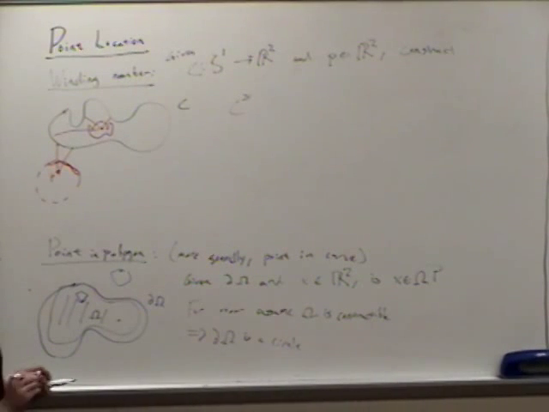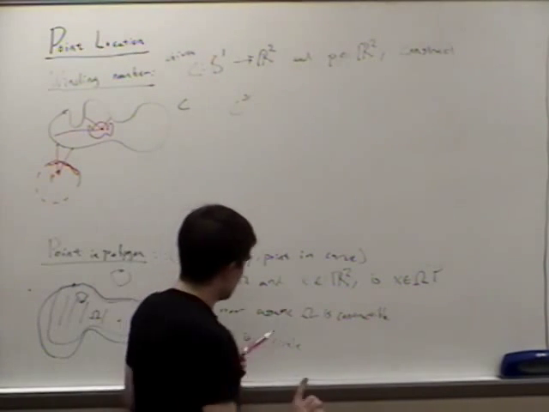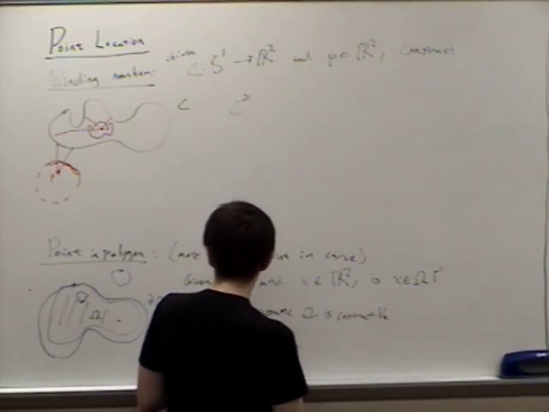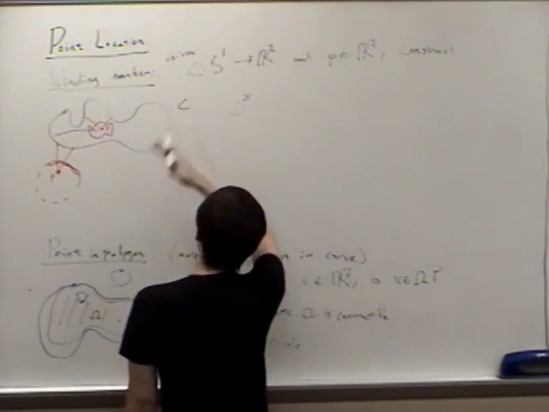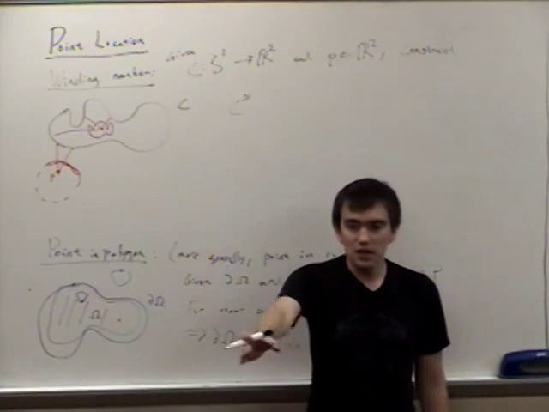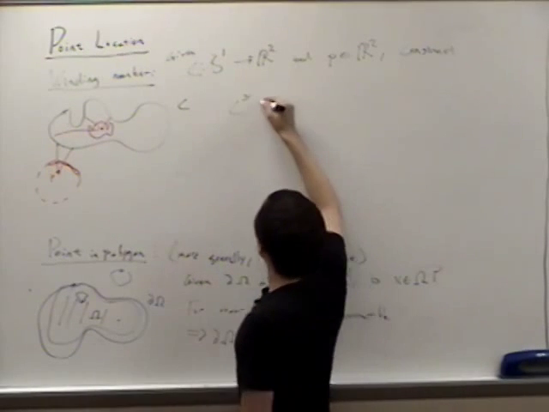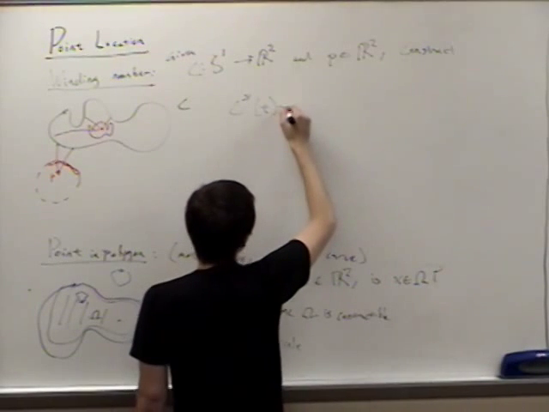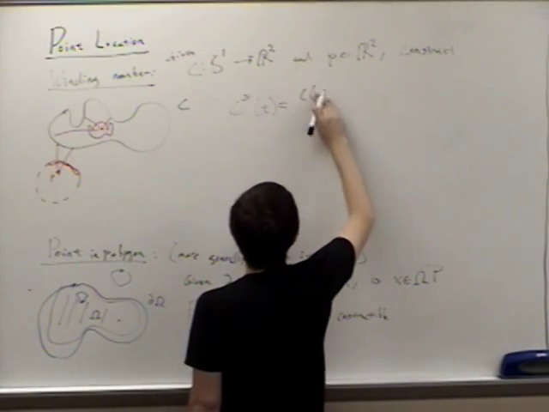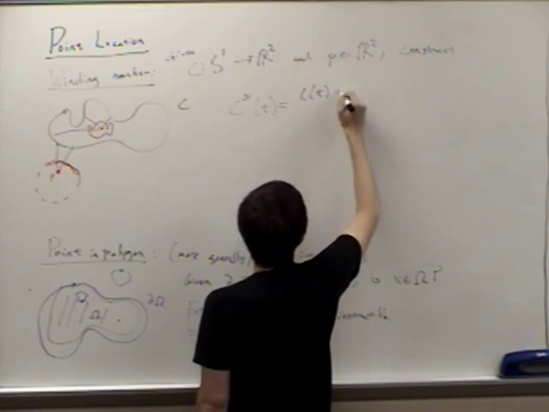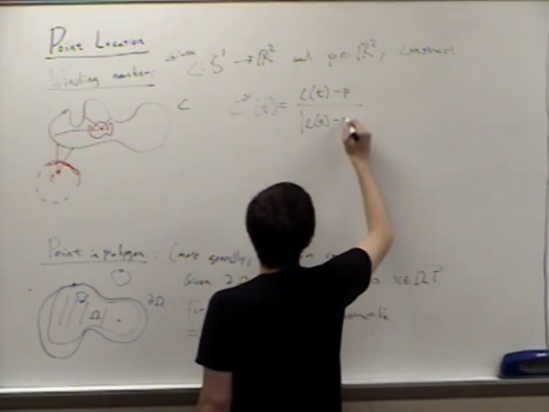And assuming that P is not on the boundary of omega, which I should have specified up there, but we'll just assume it because it's necessary for this to work, then we could project it to the sphere by just dividing by the length of the vector from P to the point on the curve. So we'll call this new curve C star of t to be just C of t minus P divided by the length of C of t minus P.